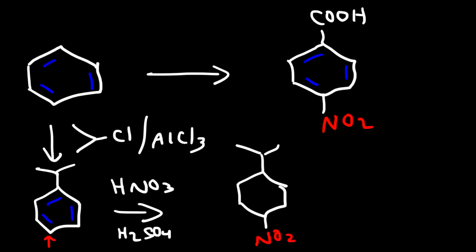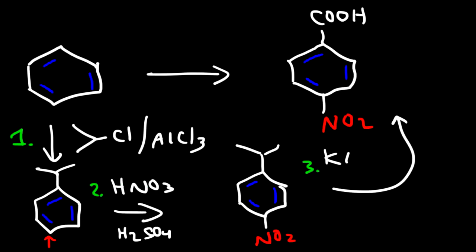So now that we have our two groups in the right position, the last thing we need to do is oxidize the isopropyl group. So you can use chromic acid with heat, or let's use something different. This is going to be step 1. This is step 2. In step 3, we could use potassium permanganate with hydroxide under high temperature conditions.